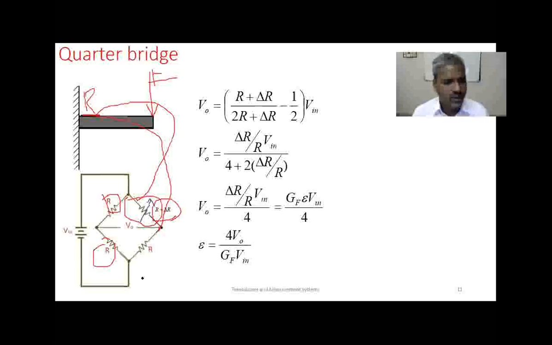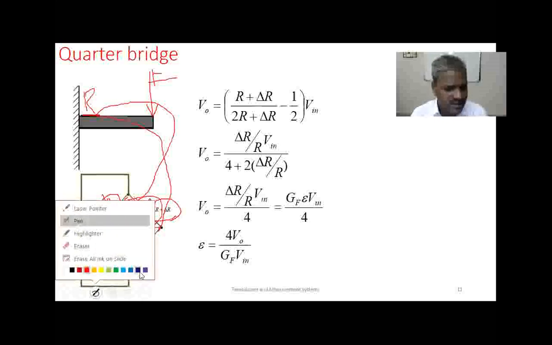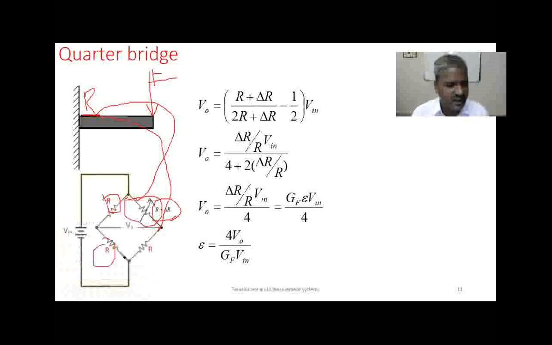Okay. So according to the Wheatstone bridge, the output from the Wheatstone bridge is either the change in the upper two arms' voltage or the change in the bottom two branches.